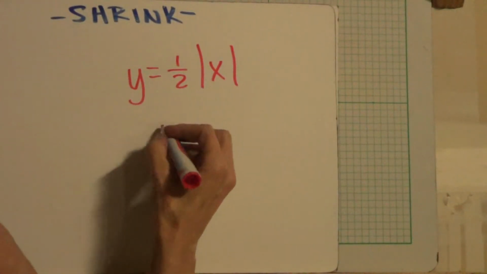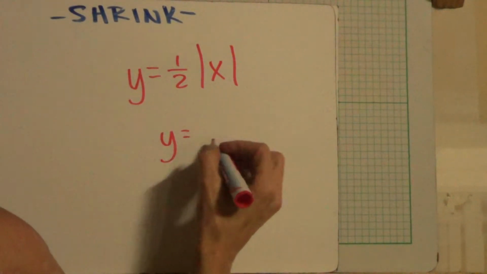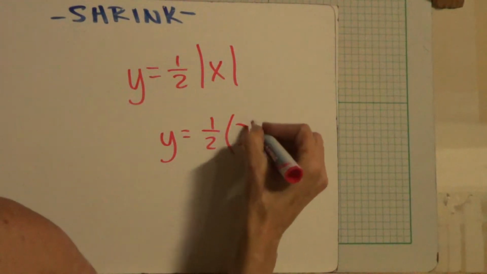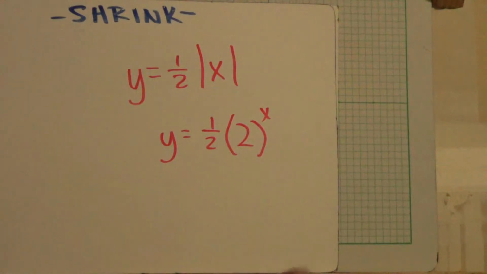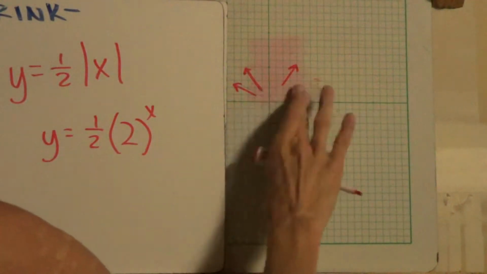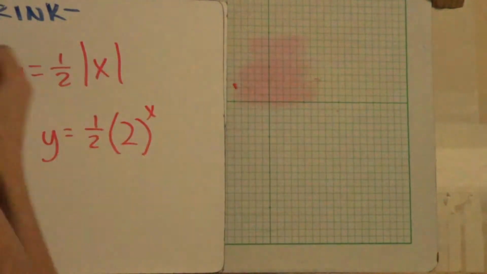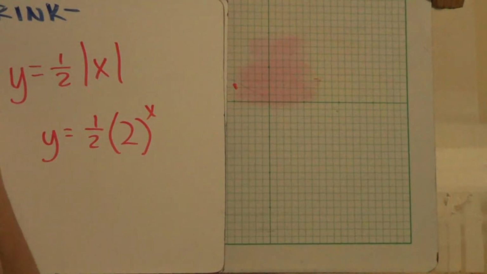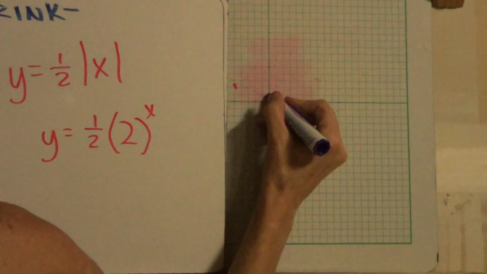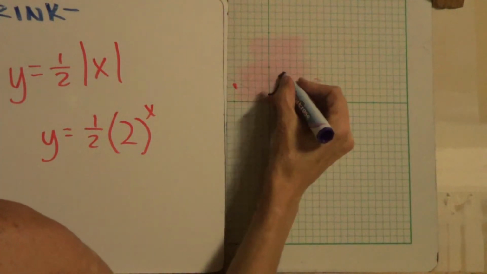And it will work the same if we have y equals 1/2 times 2 to the x. Well, now you should think about your sequences. That 1/2 tells us where we started. Our parent function on an exponential actually goes through at 1 and it increases.